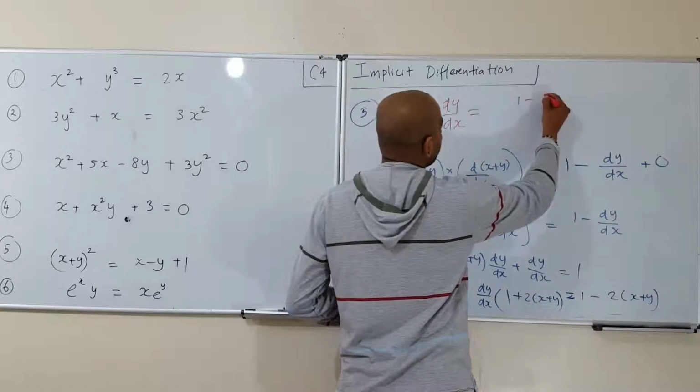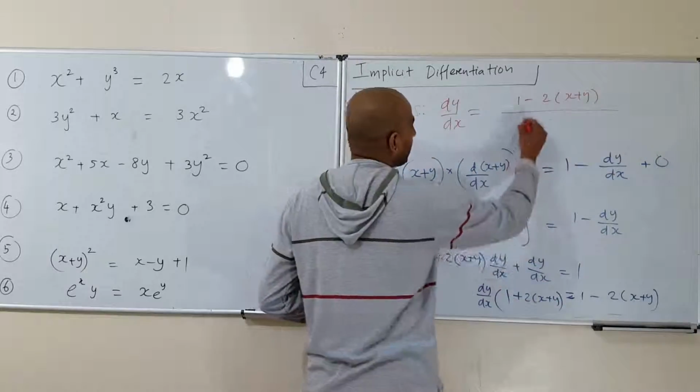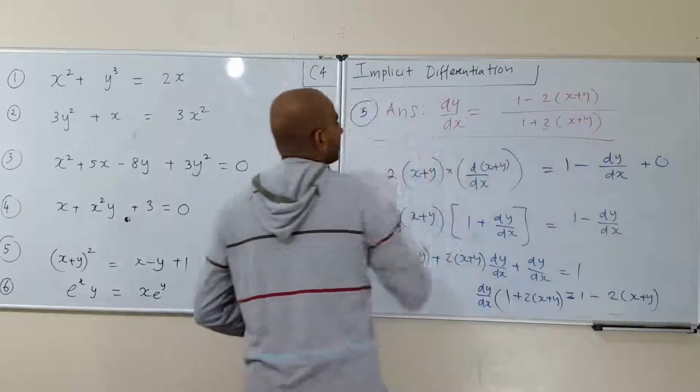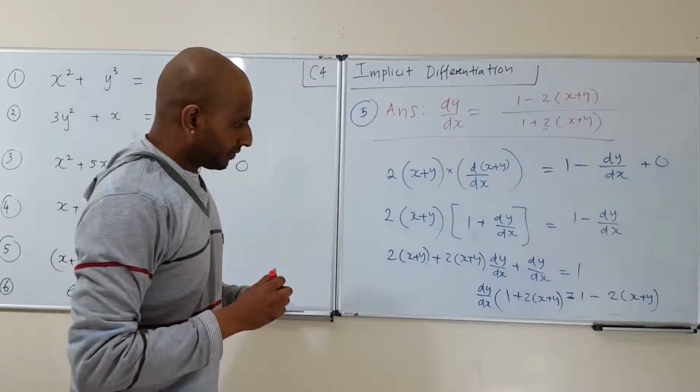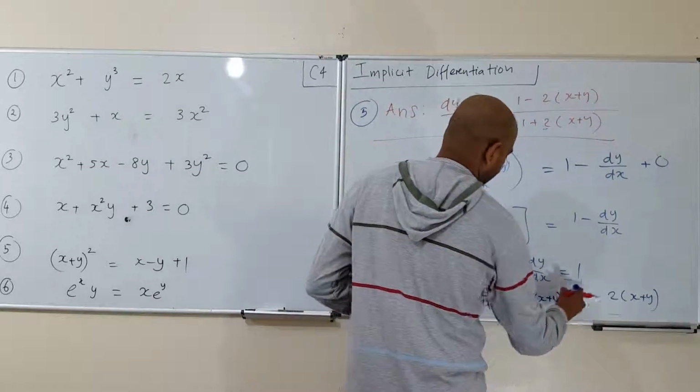So you're going to get 1 minus 2 times (x plus y) divided by this, 1 plus 2 times (x plus y). Okay? I think it makes sense, right? Here it's missing a bracket.